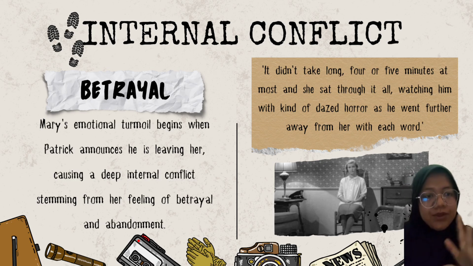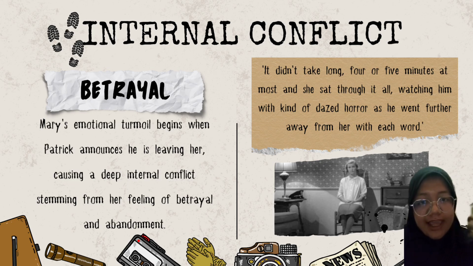For example, we can take from the story, after he announced that he will leave her soon, she just watched him with a kind of dazed horror as he went further away from her with each word. It is totally a breakdown for her, taking time to think about what actually happened.